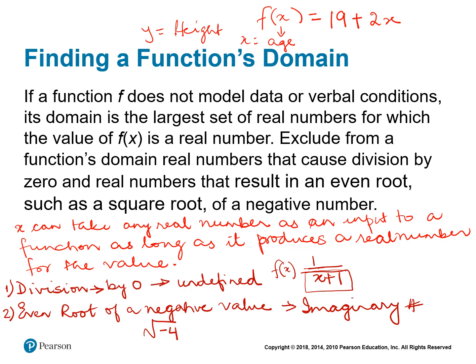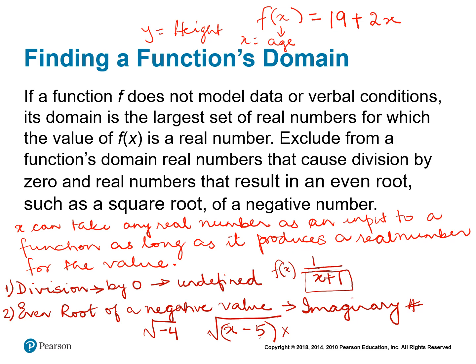So if we have something like the square root of x minus 5, I'm just making this up, we have to make sure we don't choose a value for x which will make x minus 5 a negative value. So if x is -6, then -6 minus 5 becomes -11, and there's a problem.